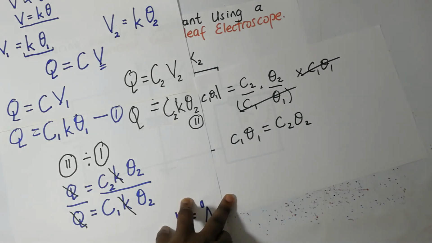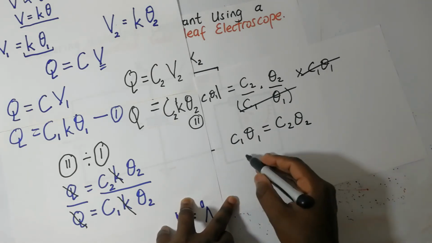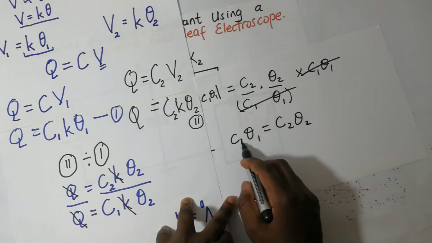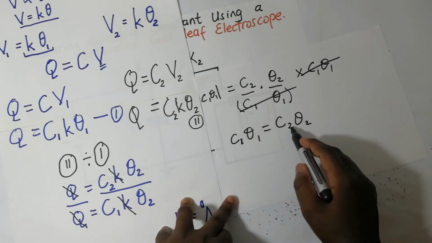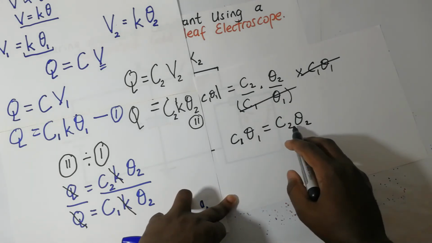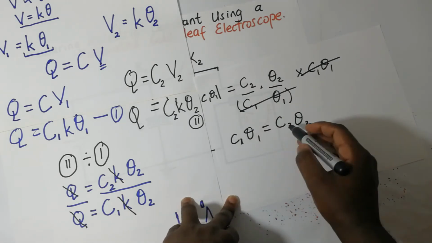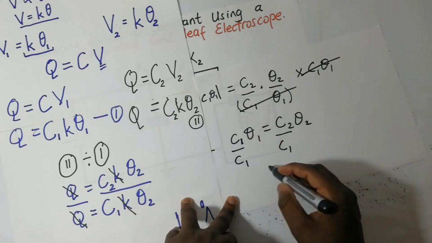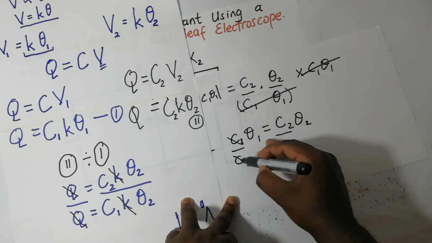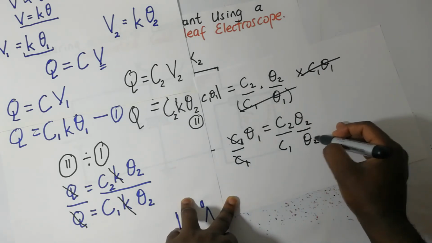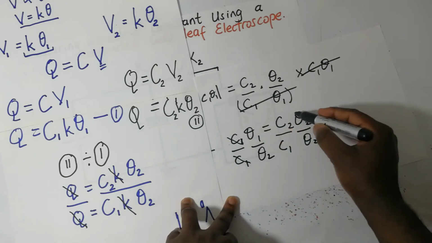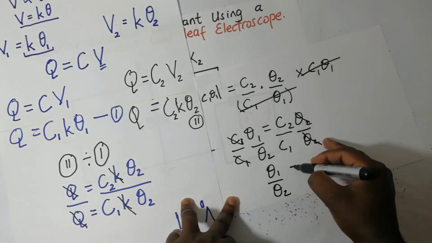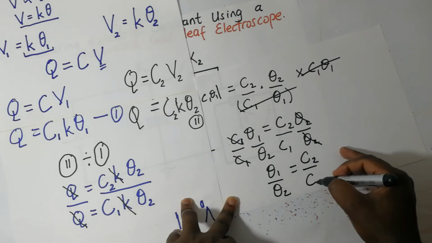So let's keep the C's. You remember C1, C subscript 1, is the capacitance of the capacitor when there is no dielectric. C2 is the capacitance of the capacitor when there is a dielectric. So if we simply divide by C1 here, so that this goes with that, and then divide by theta 2, so that this goes with that, you shall remain with theta 1 over theta 2, giving us C2 over C1.